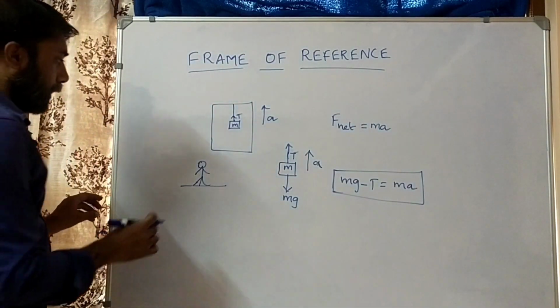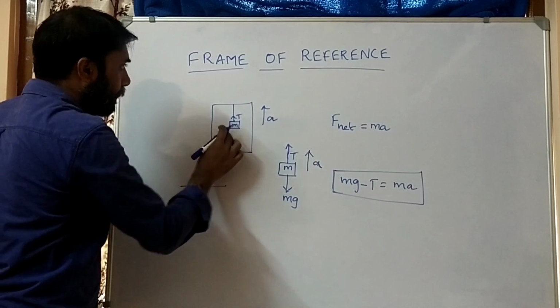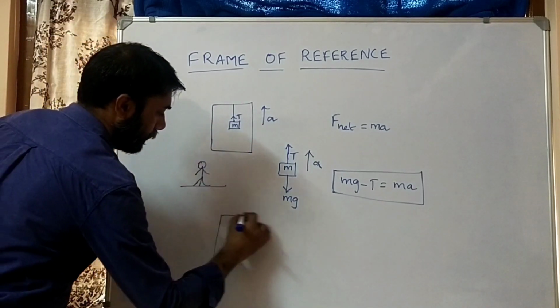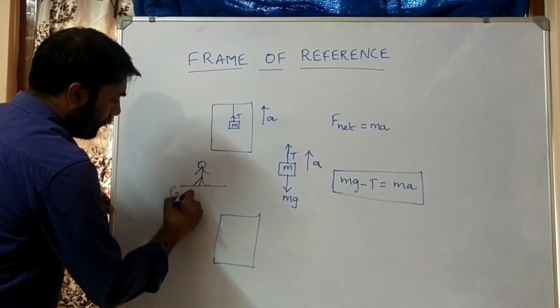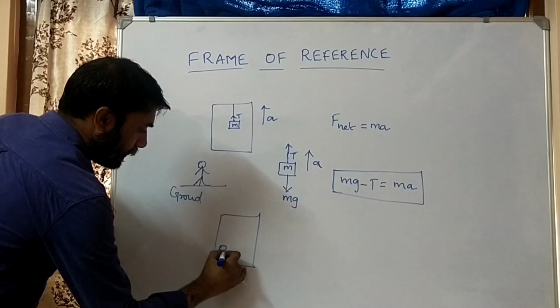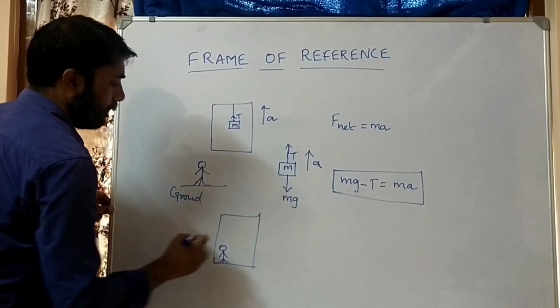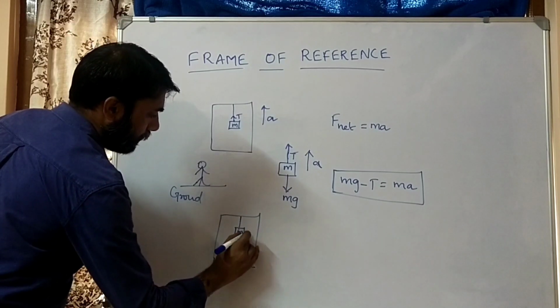Say you are going inside this lift, your reference is changed, your frame of reference. Now here it is ground. With respect to ground, now you're inside this lift, and you are drawing a free body diagram for the same mass.